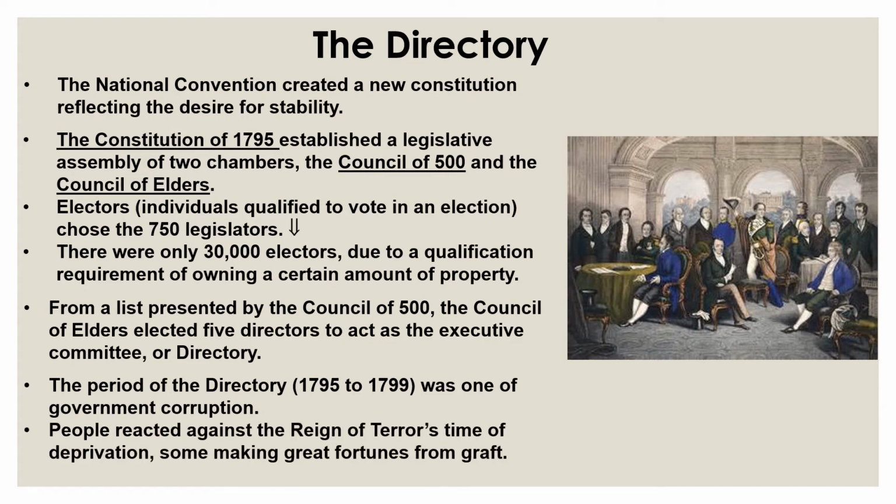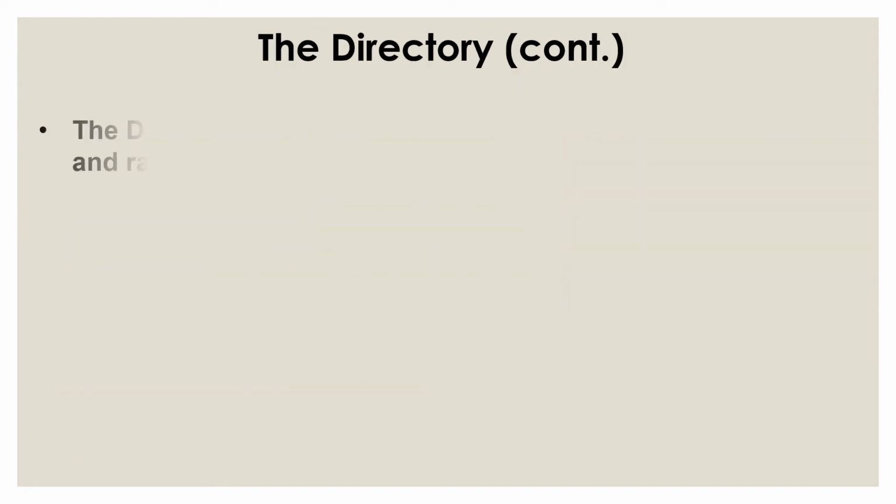People reacted against the Reign of Terror's time of deprivation, some of them making great fortunes from graft. And we'll see that some of these directors will use their positions of power to make wealth for themselves and not really look out for what's best for the population.